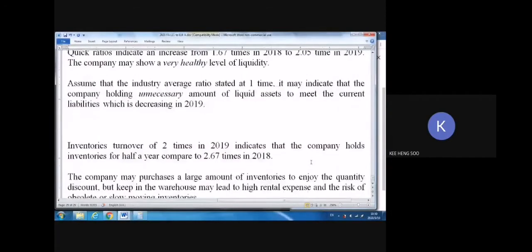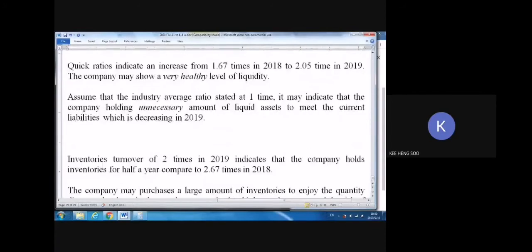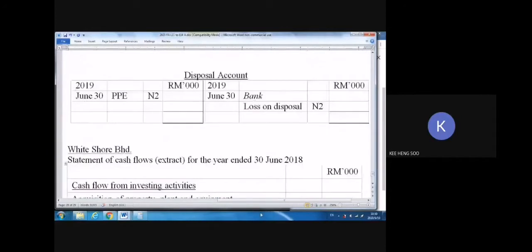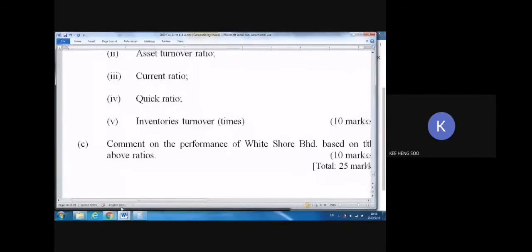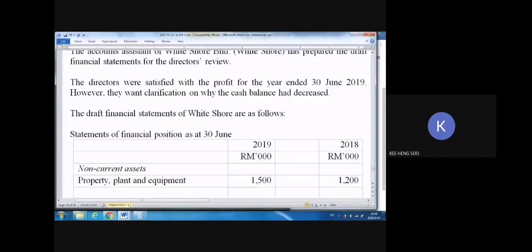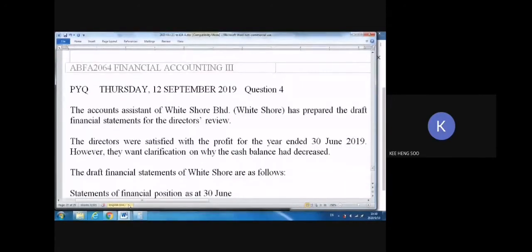Okay. So bear in mind, if you look at a question like that, one question can have cash flow and ratio. So what I want you to see is in your ABFA 2064 exam, there will be one whole question and one topic. I mentioned to you that before. Next week I'll tell you more detail. For the exam, four questions. For example, in question 4, I will cover statement of cash flow and ratio. So the past few years' papers are always calculation.